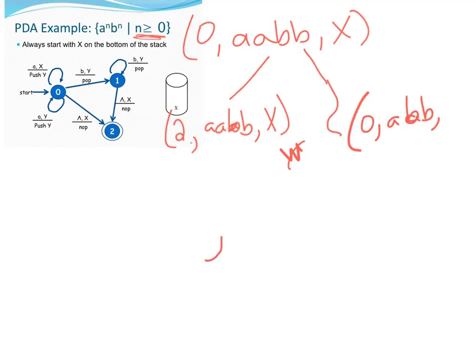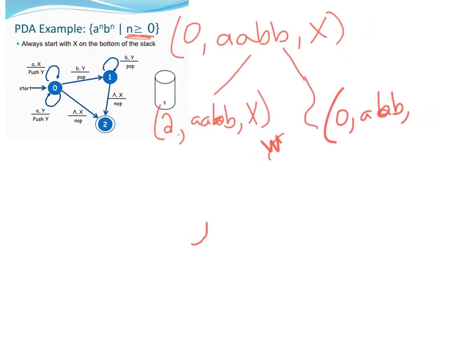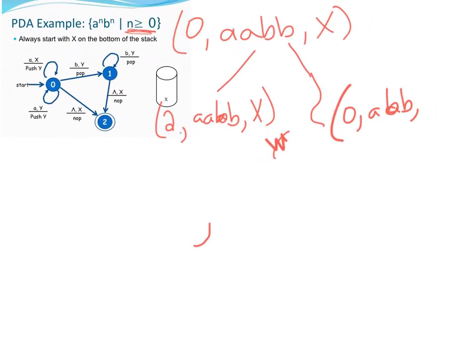So our stack has Y and then X. Now if I am at state 2 with an A and an X, there's nothing I can do out of there, so this one's no good, because I wasn't done with my string yet.